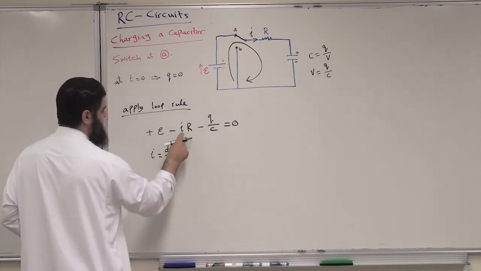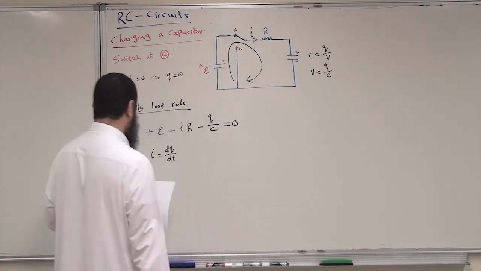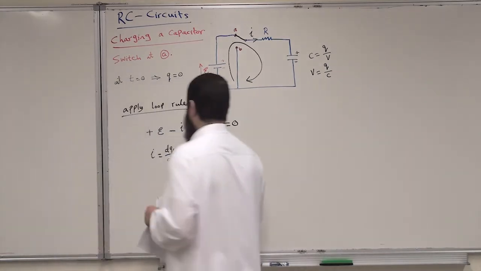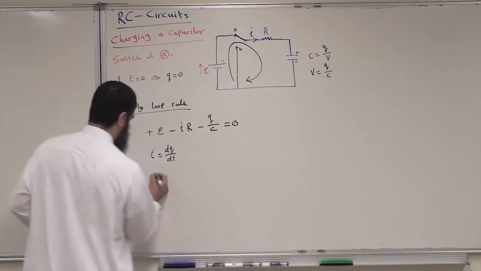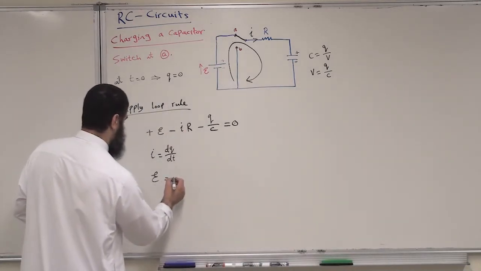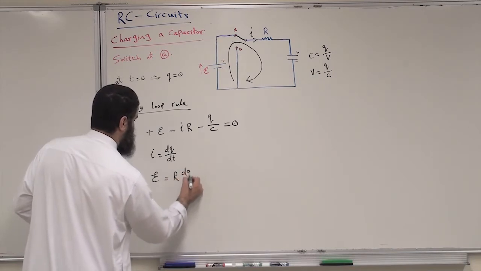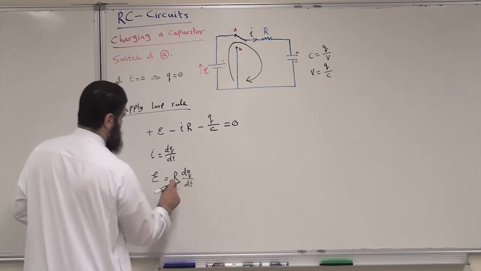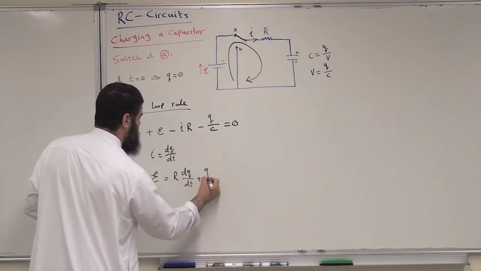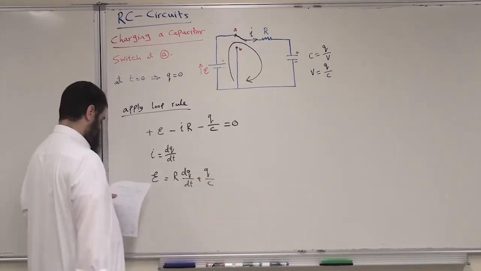So we can replace I with dQ by dt and write that E equals R dQ by dt, which is IR, plus Q over C.